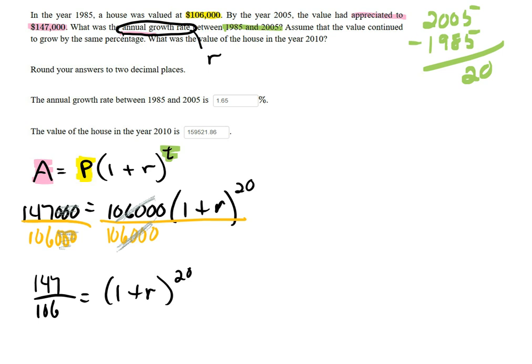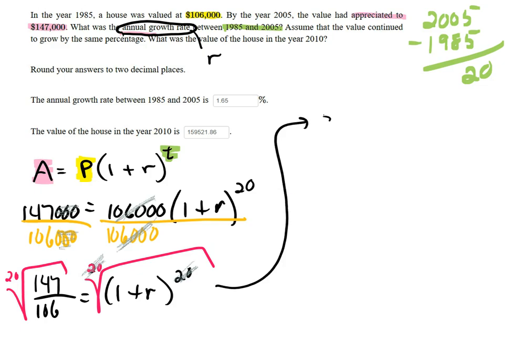Now, to solve for R, I still have to get rid of that exponent of 20, and so to do that, you would simply take the 20th root, because a 20th root and a 20th power cancel each other out. But what you do to one side of an equation, you got to do to the other. Now, I'm not actually going to calculate that.